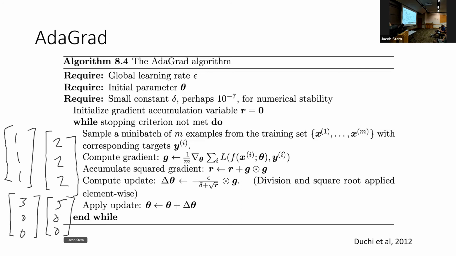So basically, our summed squared gradient R will be, I'm going to draw it over here, 1 squared plus 2 squared plus 3 squared plus 5 squared, which is 1 plus 4 plus 9 plus 25, so 39.